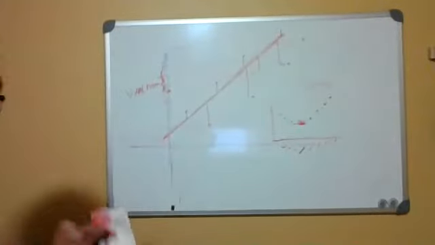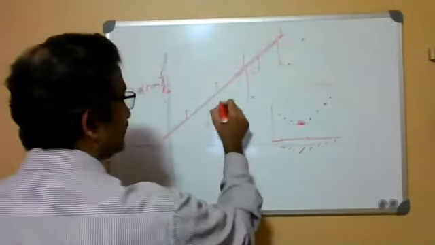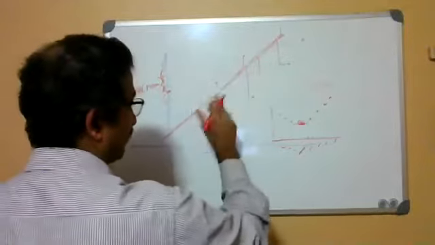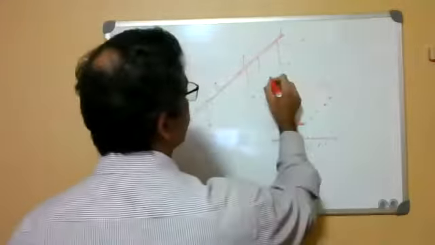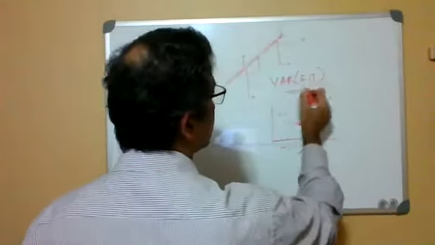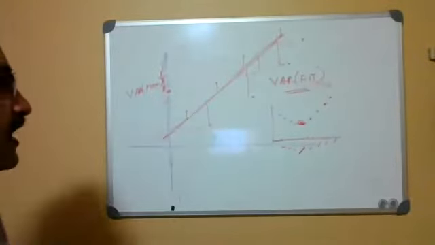So this is the best fit. Now this is the variance. And so if you take the sum of the square of the residuals, you get the variance of the fit. Okay. And this is guaranteed to be a minimum if it is for a good fit.